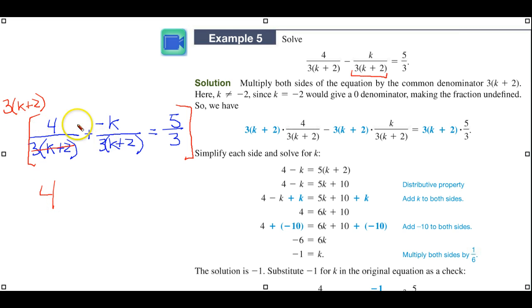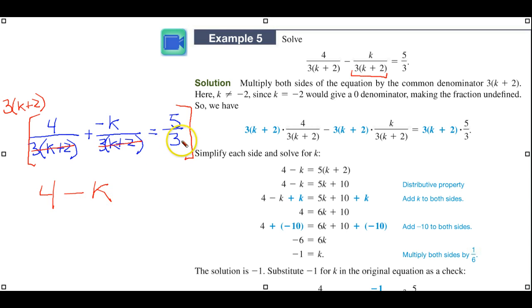Now you'll notice I've changed the position of my negative sign. I like it up there. So I made this plus. So again, when we multiply this by this term, all of this cancels out, and we get a negative k.